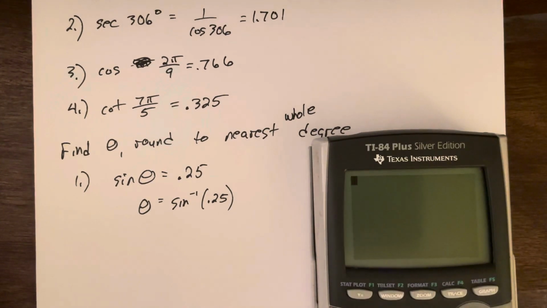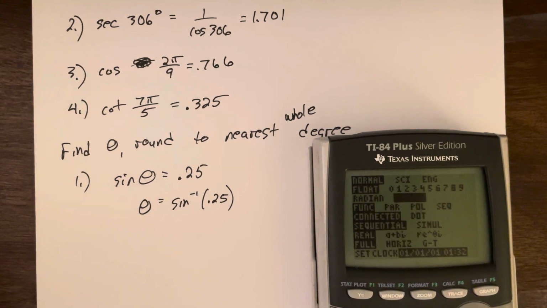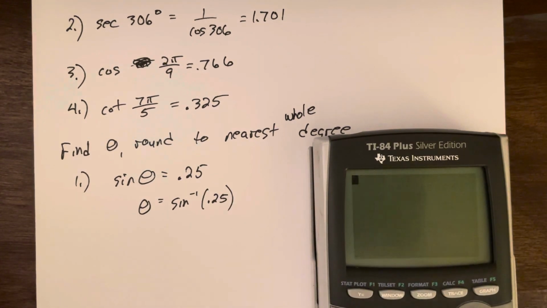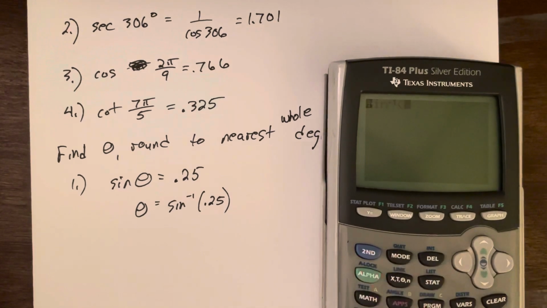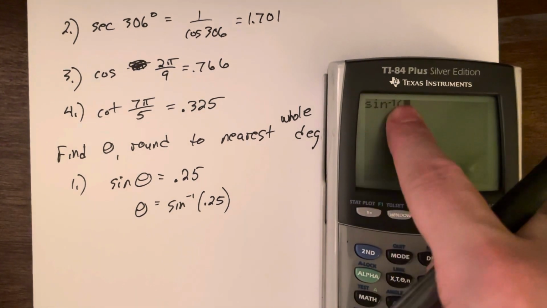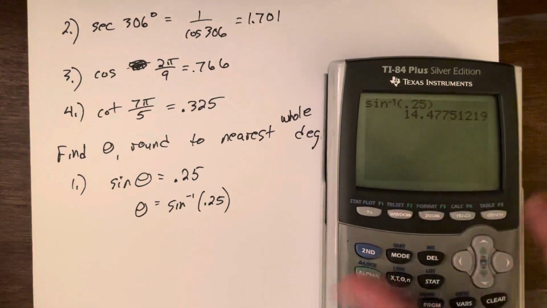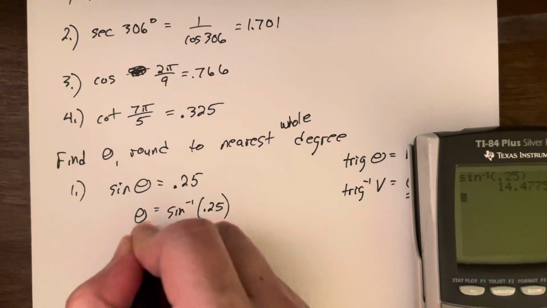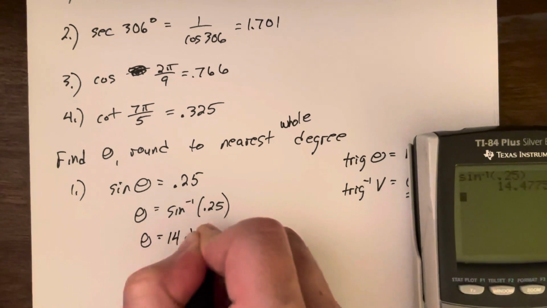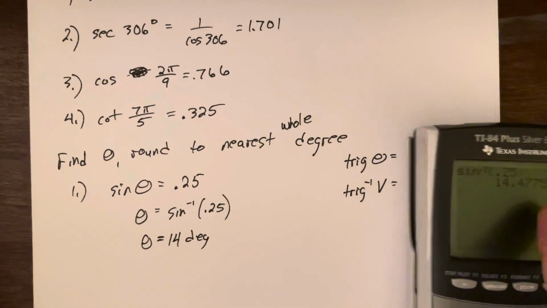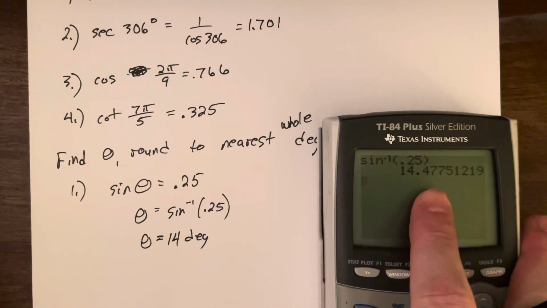But now we definitely have to make sure we're back in degree mode because that's what it says. But now I just do the second. Notice that's not sine, that's the inverse sine. 14.4. So that would be 14 degrees. This is an excellent example of be careful and don't double round.